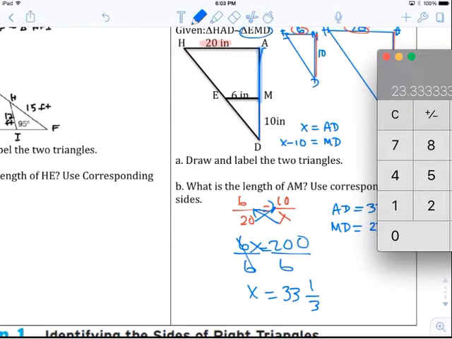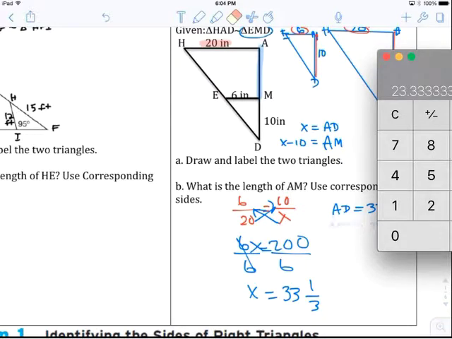Not MD, so sorry. So wrong. Oh, no. AD, AM. This point is called AM right there. MD is 10.